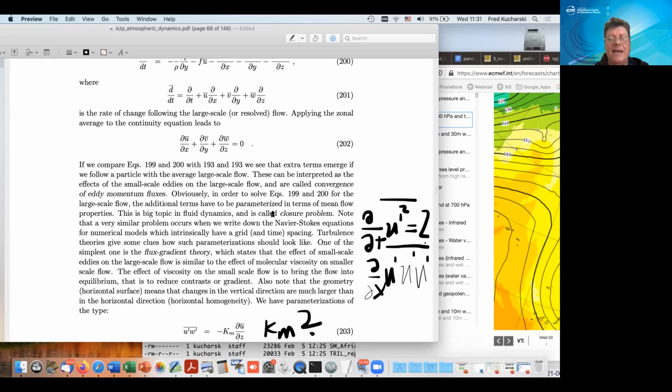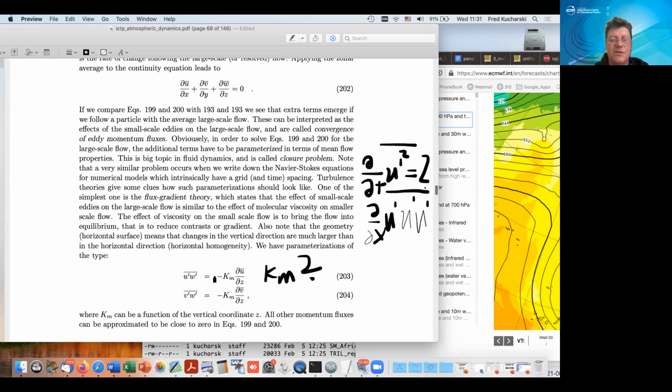So we can say, okay, let's say the action of these fluxes that we parameterize here is the same as if we had a molecular friction. In molecular friction, we know how to write that down. This is a well-known formula. And the way to do it is to say that the fluxes are proportional to a coefficient times the shear of our flow.